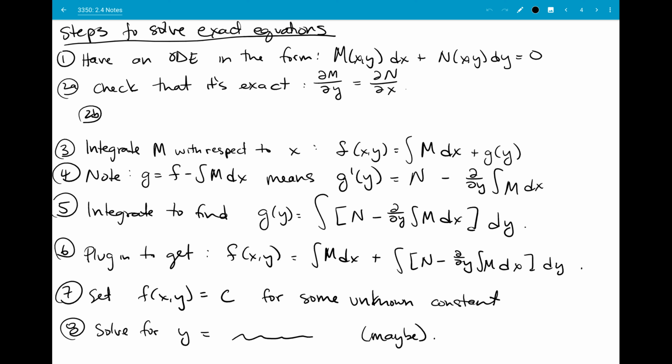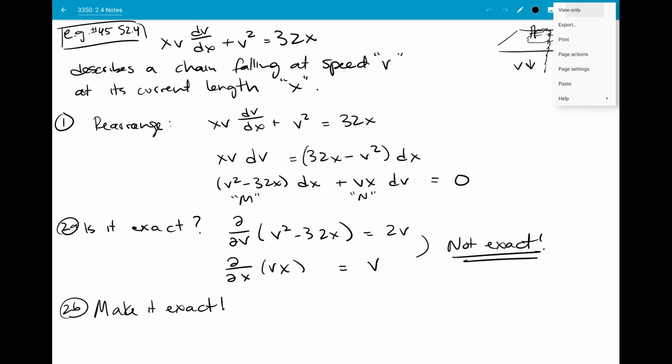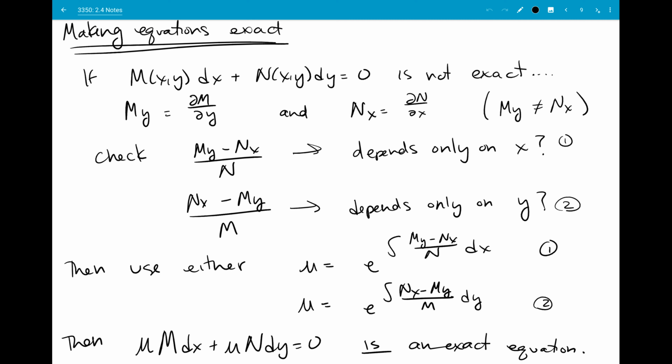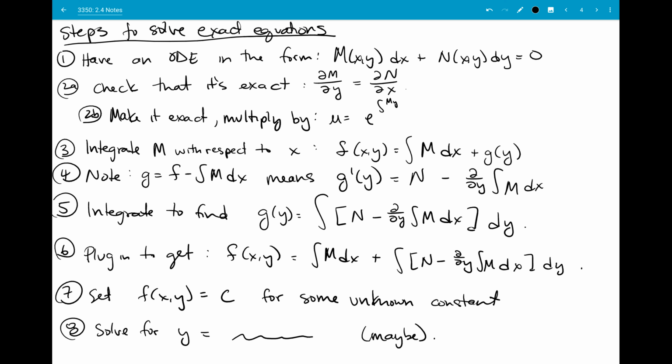And we're going to say, okay, so step 2b is make it exact, which means we multiply by mu equal to e to the integral of m sub y minus n sub x over n with respect to x. Or n sub x minus m sub y over m dy.